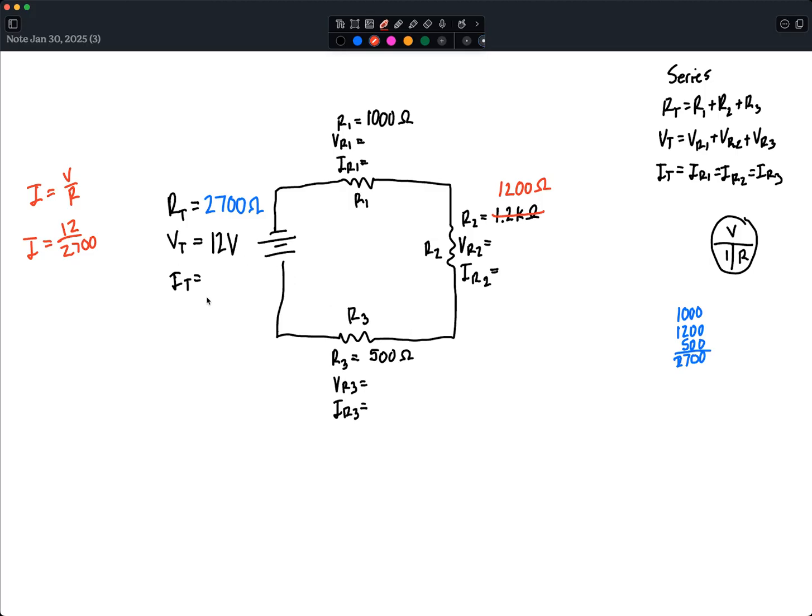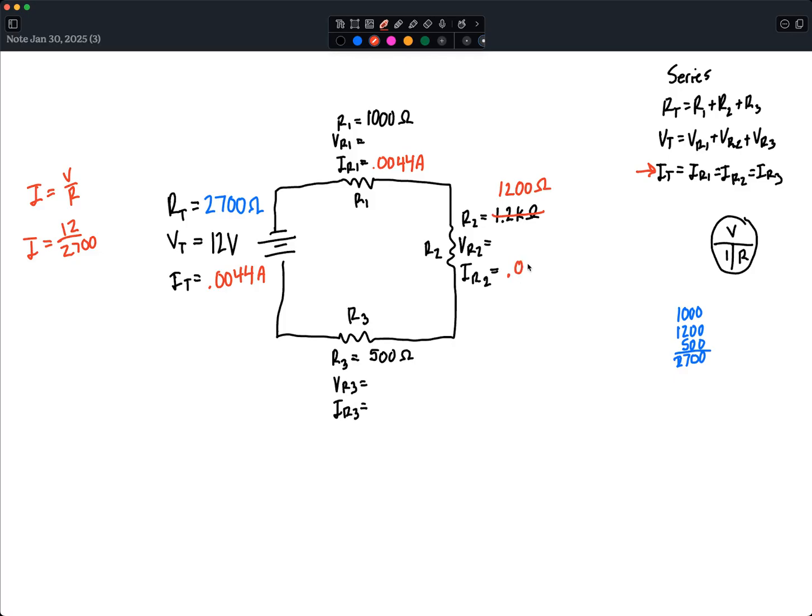So I get 0.0044, and that's amps. Great. Now, if you look at this, what does that tell us? That tells us that all the currents are equal. So guess what I can do with this number? I can just take that number and put it everywhere because it's all equal.